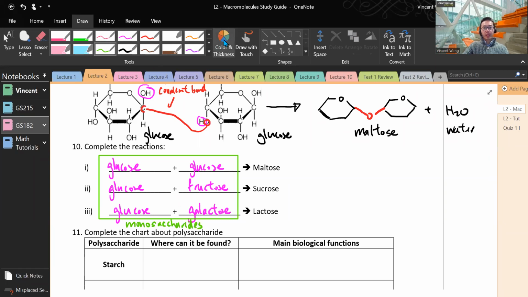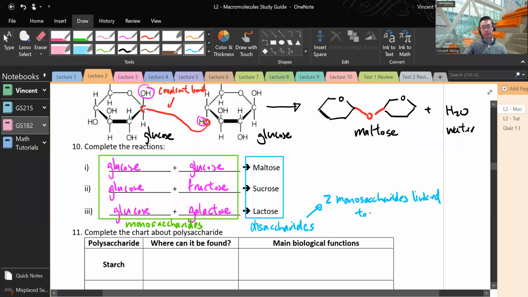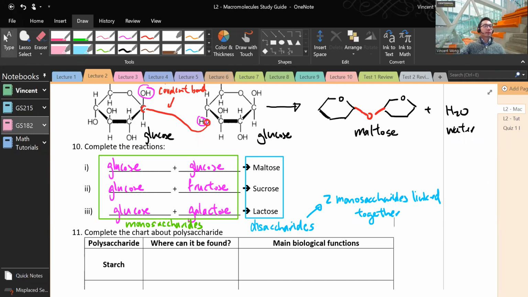Whereas over here, these are 2 sugars linked together, so we call them disaccharides. Are we together? Anybody need any clarification on anything?